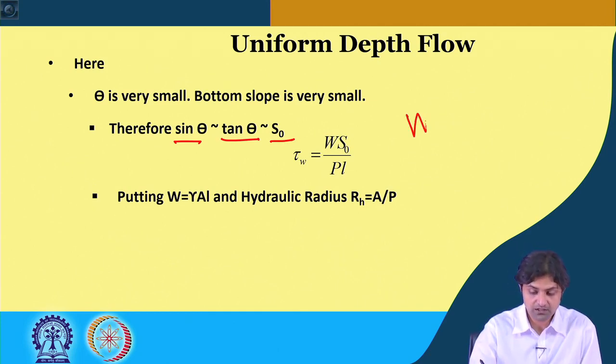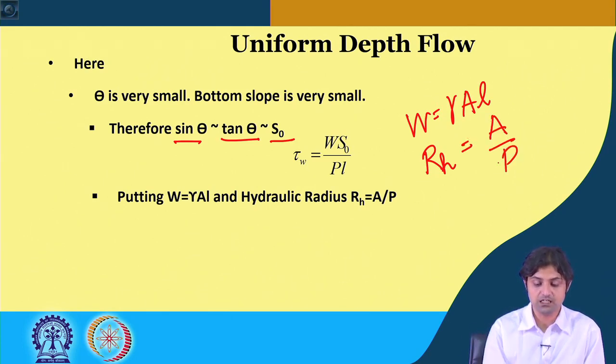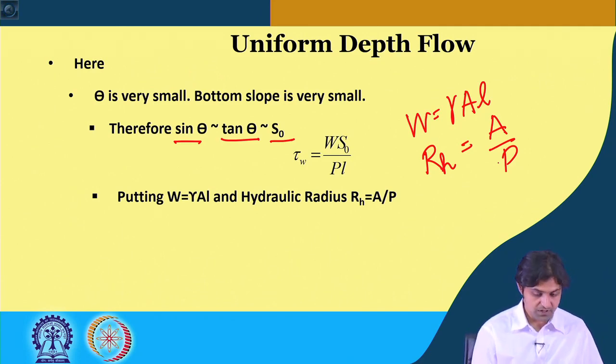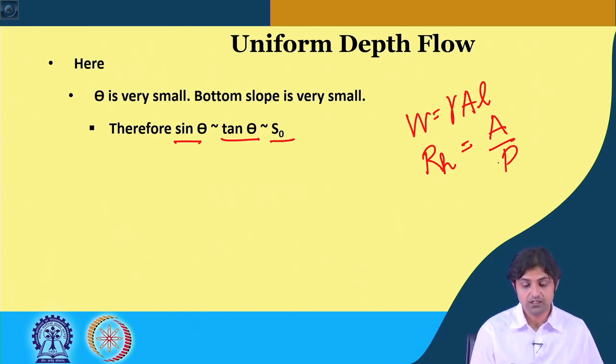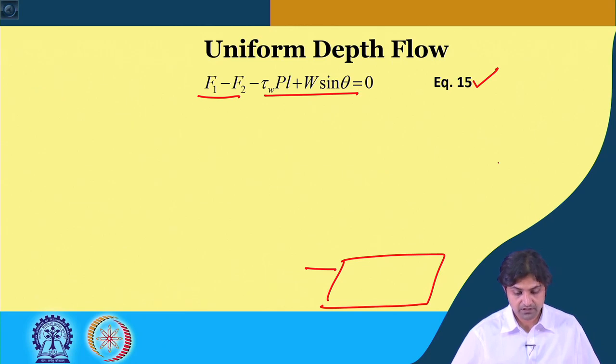so weight is gamma A into length L, and we have defined something called hydraulic radius, which is A by the parameter P. If you see, we have always constantly been writing about P, and you would be wondering what that P actually is.